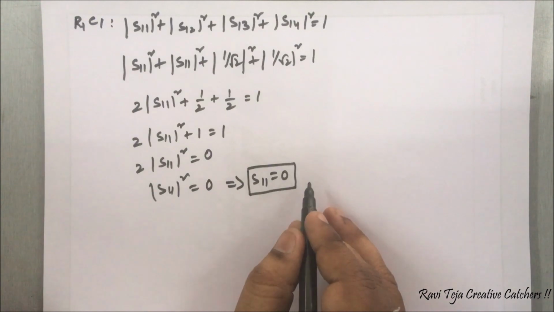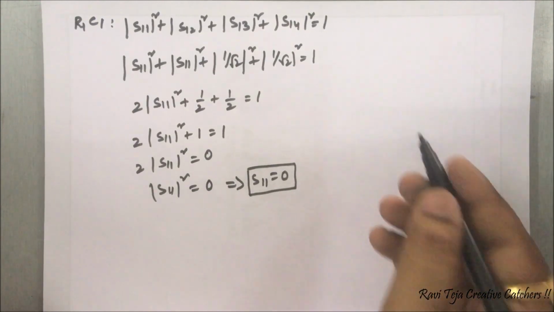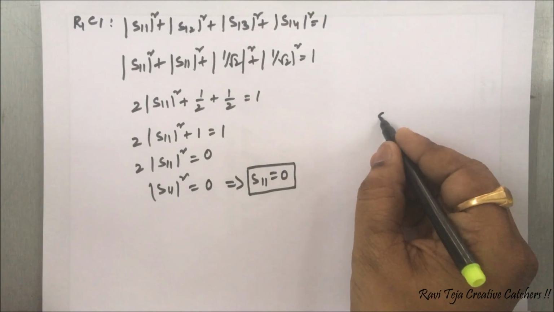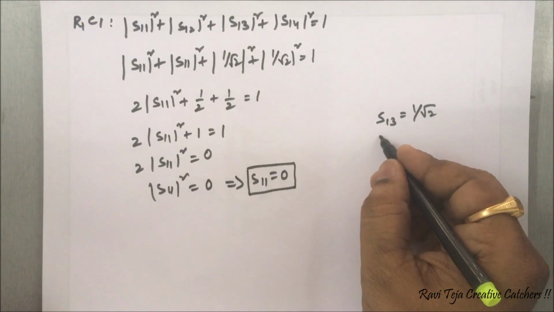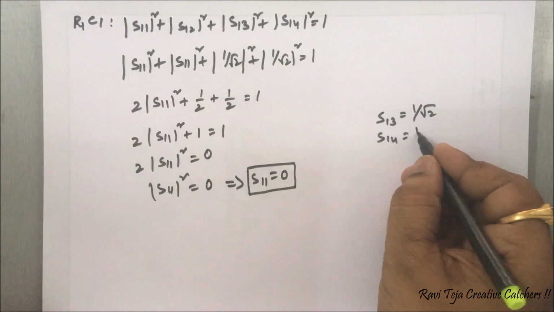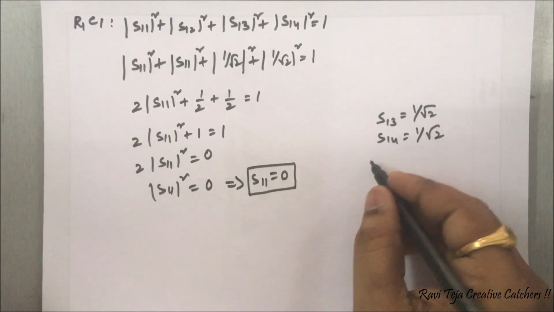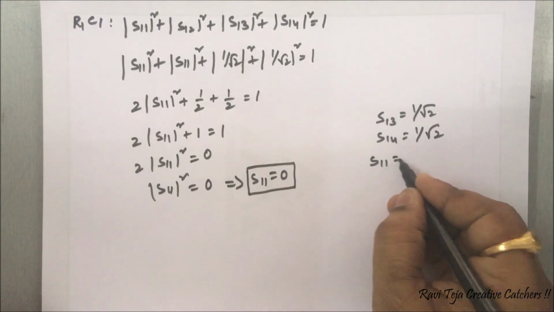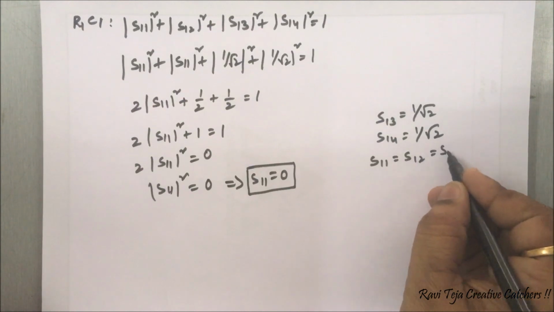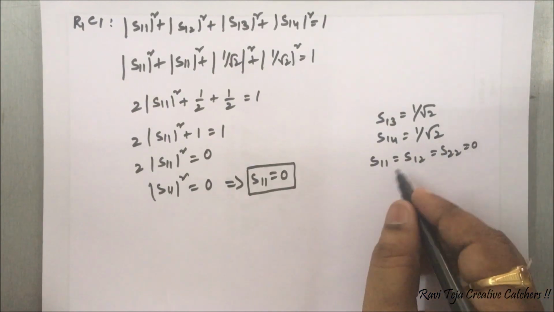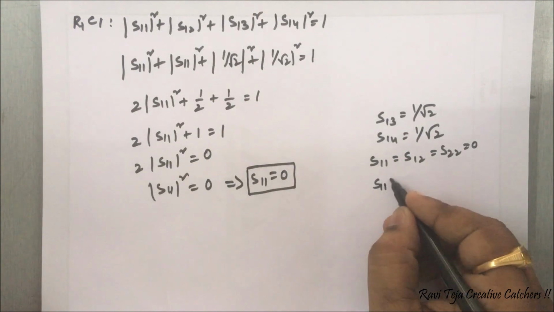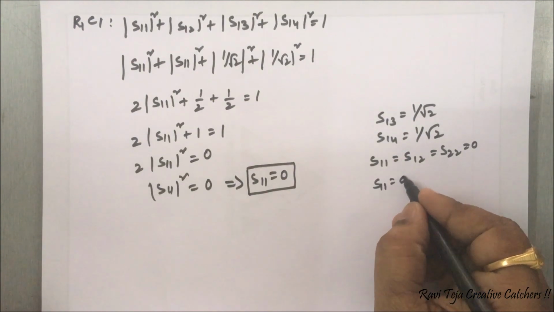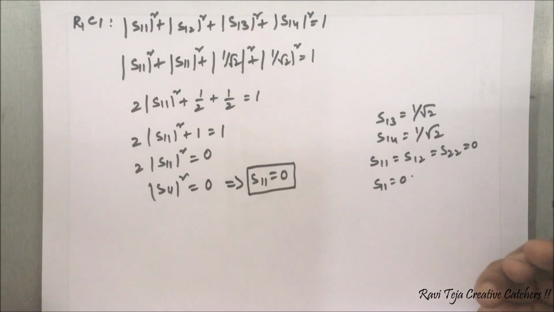So what we have is S13 is equal to 1 by root 2, S14 is equal to 1 by root 2, S11 is equal to S12 is equal to S22 is equal to 0, and from this one we got S11 is equal to 0 again.